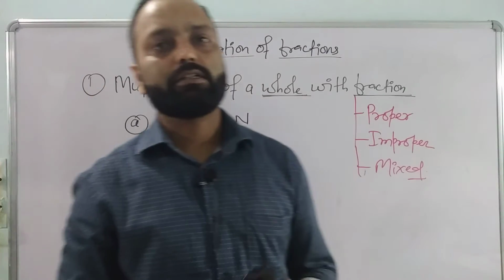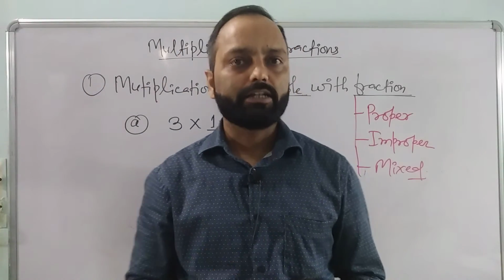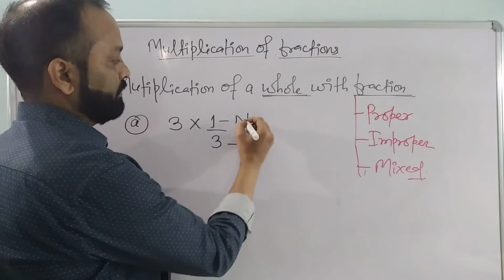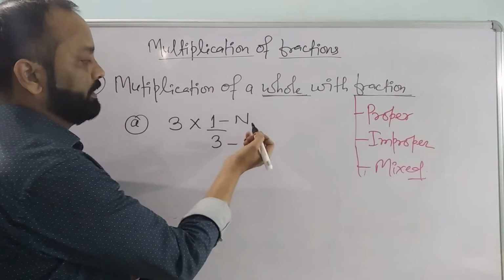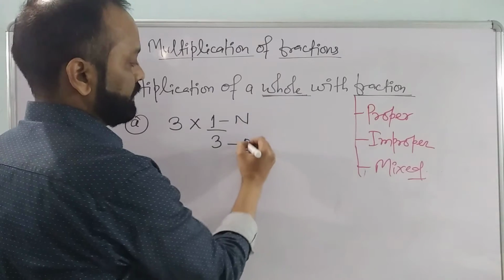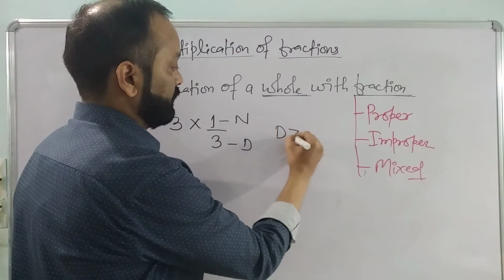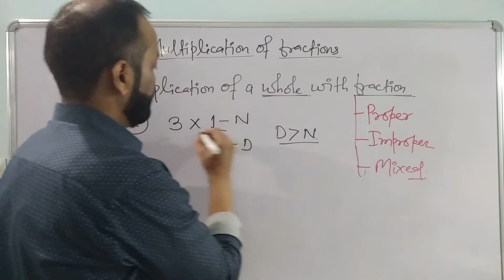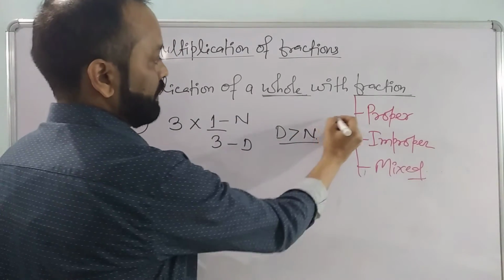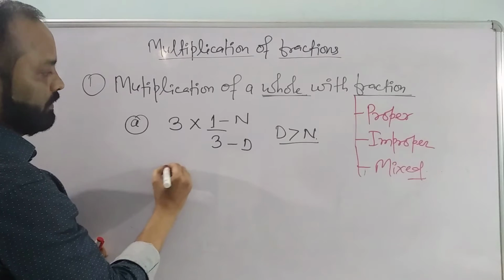And in the last class I already discussed that when the numerator is lesser than the denominator, or the denominator is greater than the numerator, this is called a proper fraction. So this is the example of a proper fraction.